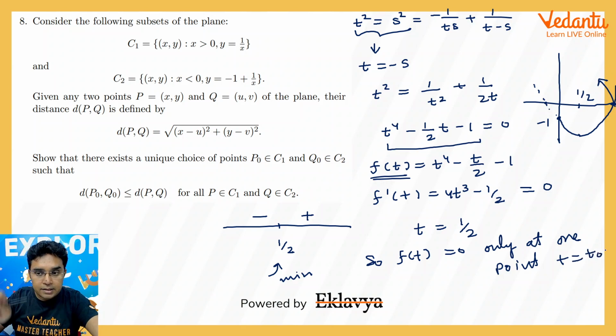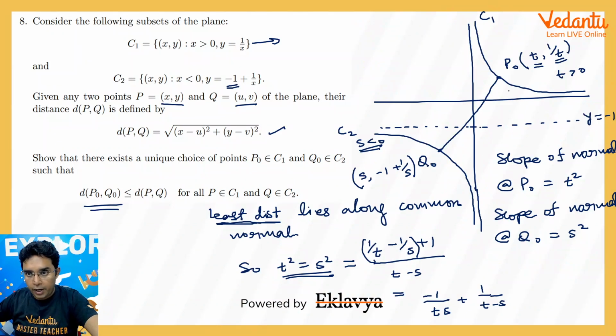And this t = t naught will be the point where p naught, q naught will have a common normal. Here you can see this common normal will give us either a local minimum distance or a local maximum distance.